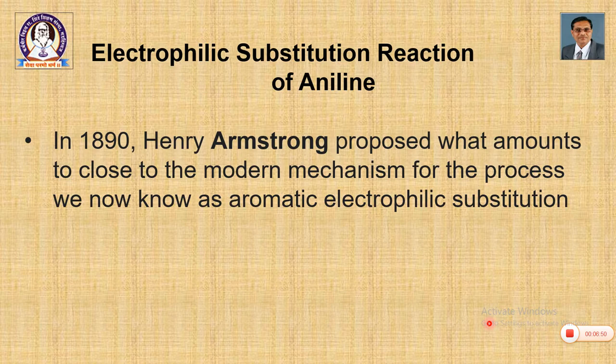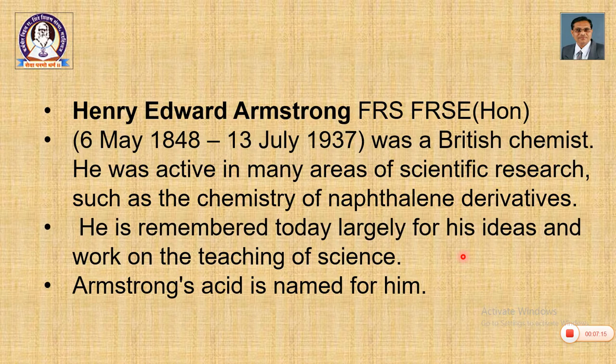Now, what are these electrophilic substitution reactions? In 1890, Henry Armstrong proposed what amounts to close to the modern mechanism for the process we now know as aromatic electrophilic substitution. Who was Henry Edward Armstrong?